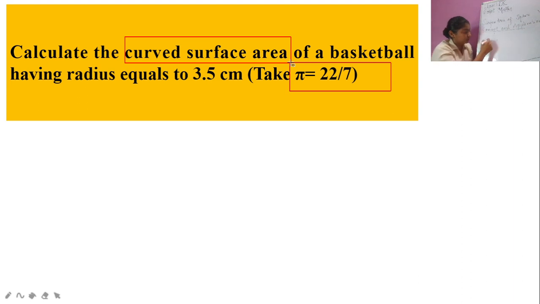We know that the radius is 3.5 centimeter, and the surface area, which is CSA, is 4 pi r square. So the pi value is 22 by 7, r is 3.5 into 3.5. So tell me the answer in centimeter square. Write it down after calculating, in the comment box.